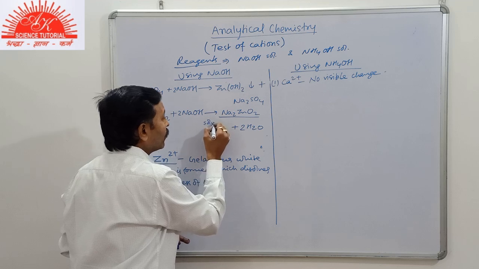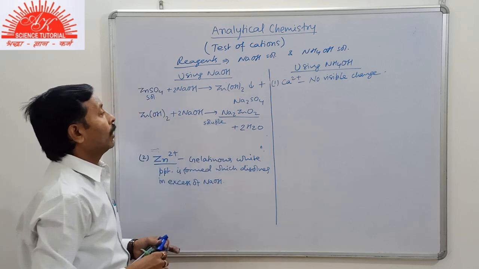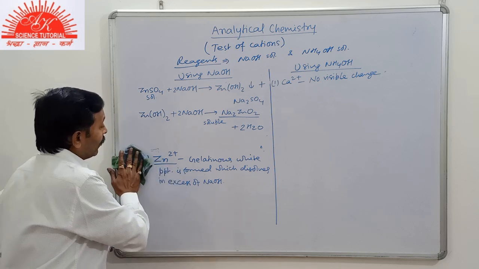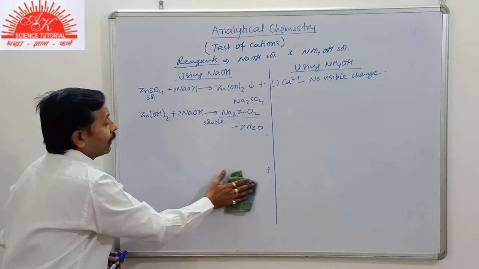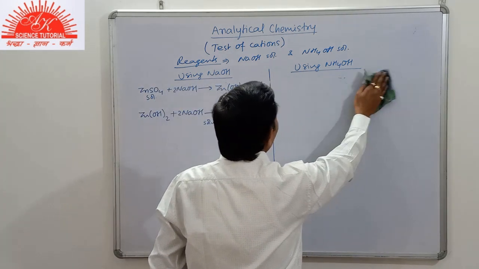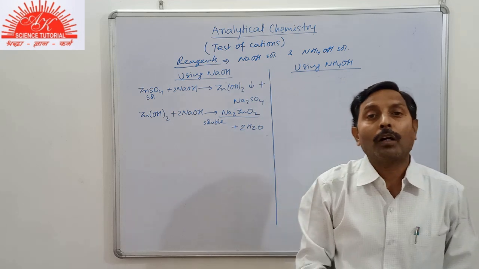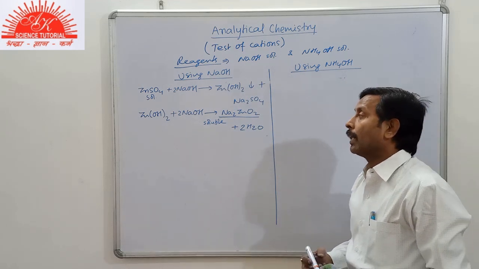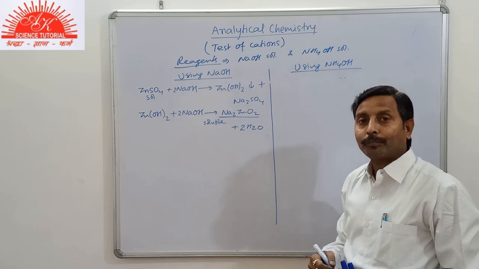It is soluble. So in this way we see that when sodium hydroxide is added to the salt solution of zinc, then gelatinous white precipitate is formed, which is soluble in excess of NaOH.